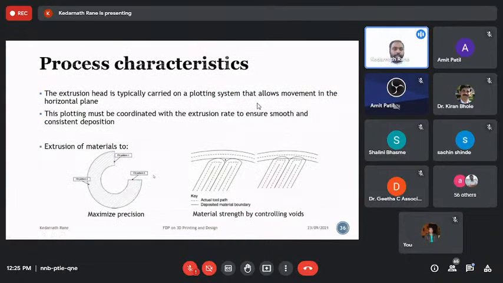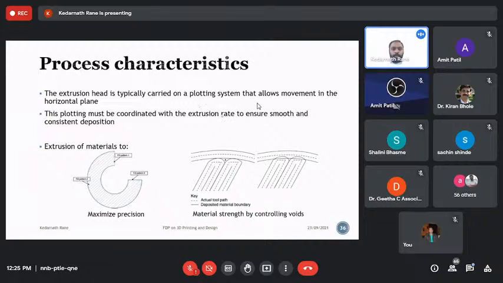Another aspect of the process is a plotting system that allows movement in the horizontal plane. This is possible for Cartesian and some delta printers. There are also 5-axis systems, but the most common Cartesian system allows movement in the horizontal plane.